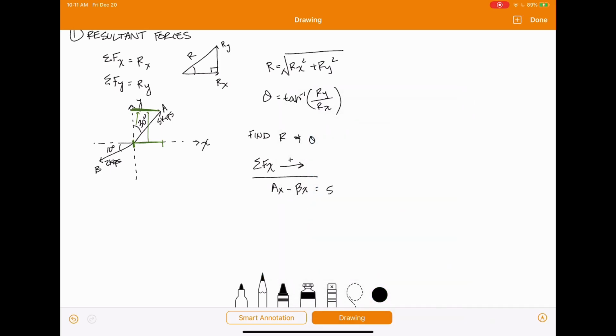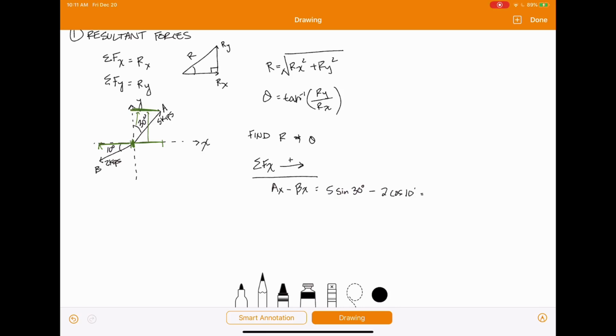So we're going to have our magnitude 5. Now it's opposite, so this is going to be sine of our angle, 30 degrees, minus our bx, which we're looking for this distance. So that's going to be our adjacent side to our angle. So we'll have our magnitude of b cosine of our angle, 10 degrees.